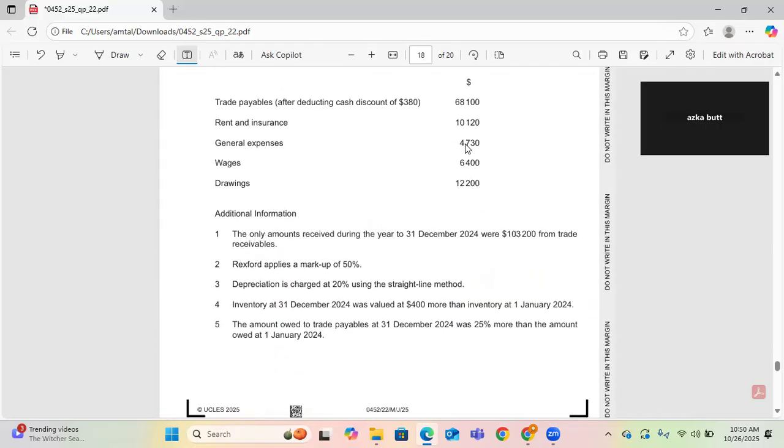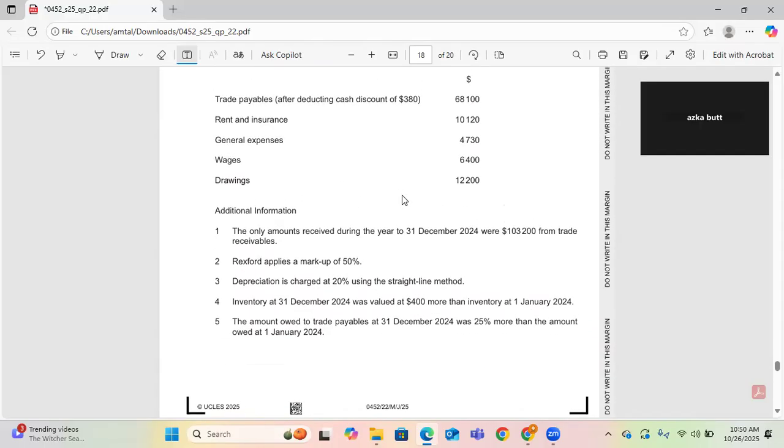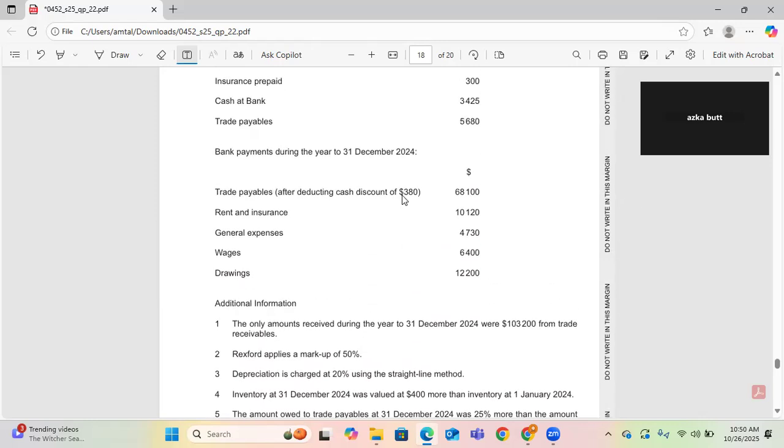Then we have only depreciation left, I guess. Regarding depreciation, there's only one piece of information: depreciation is charged at 20% using the SLM. How many assets do we have?